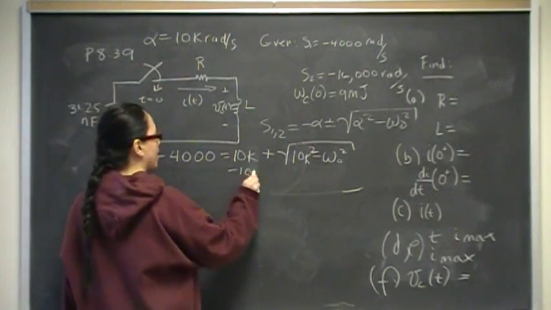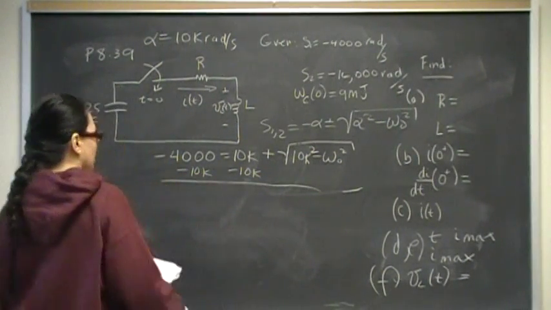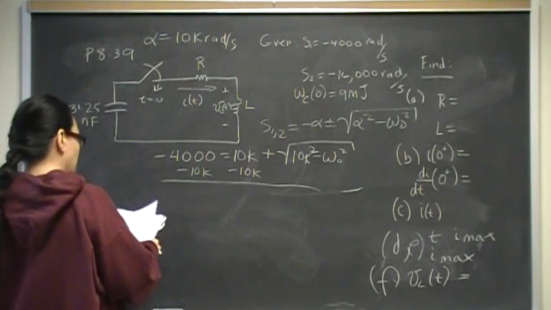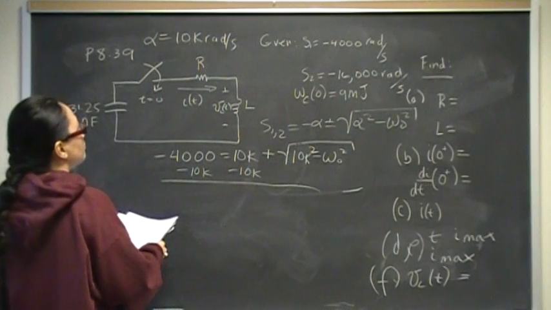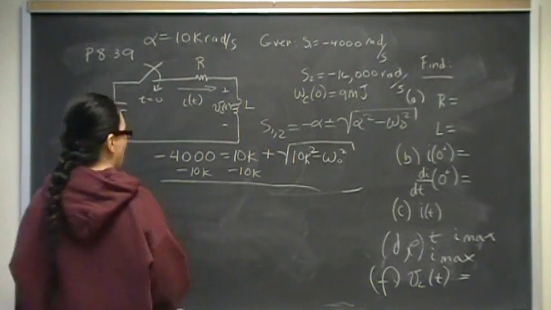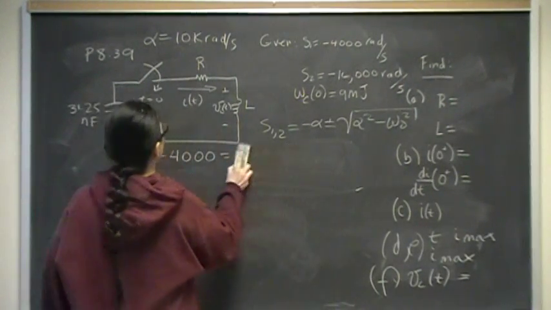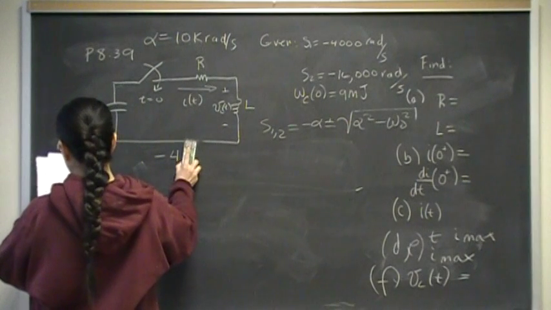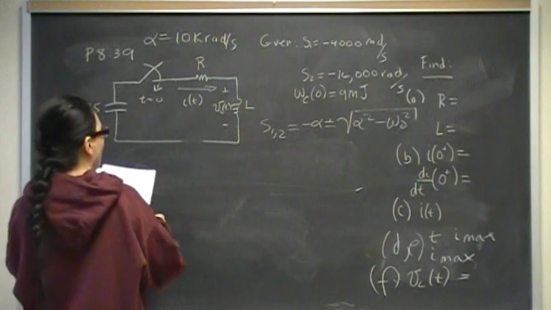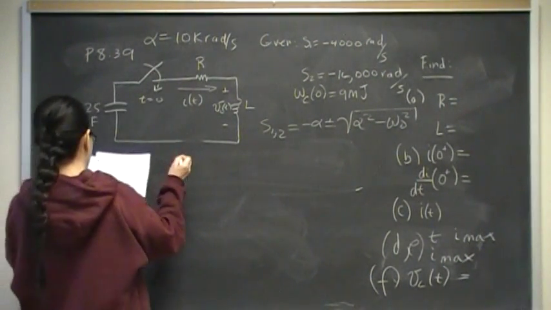So minus 10k, minus 10k, that will give me, okay, I made a mistake somewhere. Let's go back to alpha and omega naught. Oh, I have a sign error in setting that up. So let's set it up again.